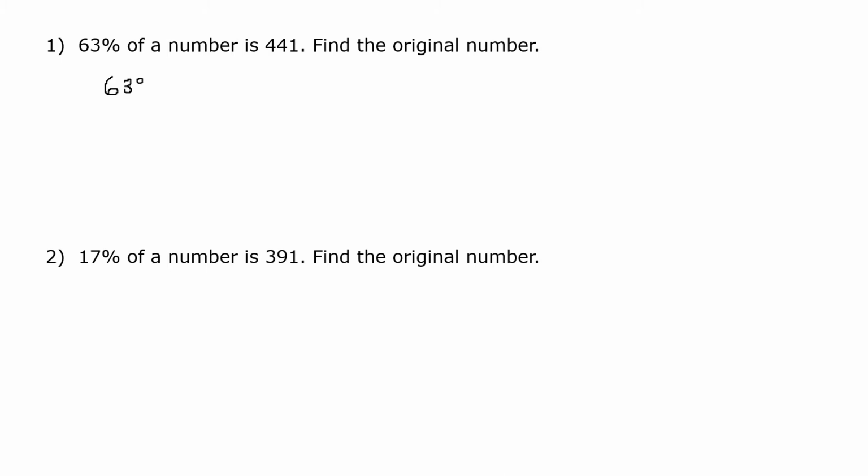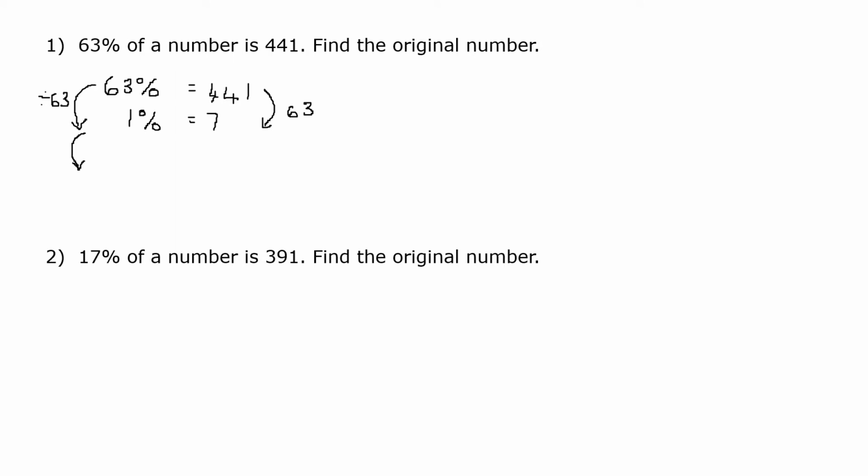So I'm going to start off by saying that 63% is equal to 441. I want to find 1%, so I'm going to divide both sides by 63. That's going to give me 1% on the left-hand side, and 441 divided by 63, which will give me 7 on the right-hand side.